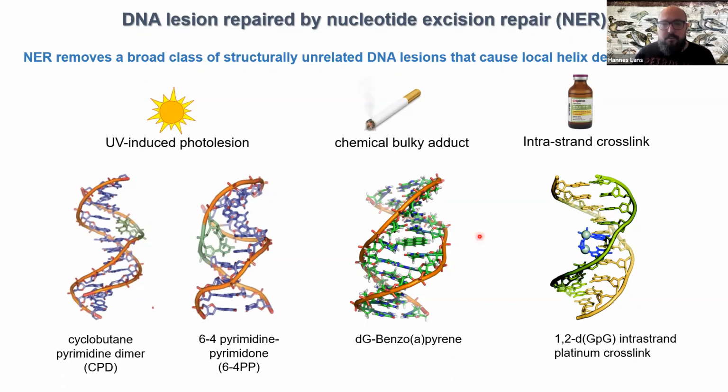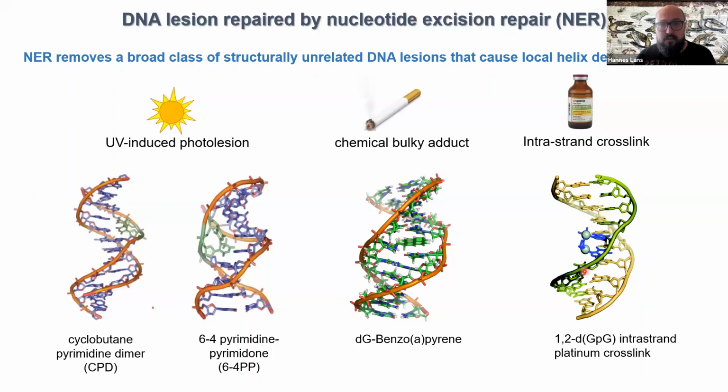So for instance, other bulky adducts like monoadducts, for instance, from compounds that are found in smoke or in your favorite meat that you grill on the barbecue, you can find compounds that interact with the DNA and create this helical distortion. And in a similar manner, certain chemotherapeutic drugs like cisplatin, oxaliplatin, carboplatin, they also react with the DNA.